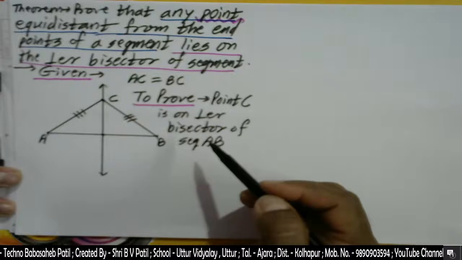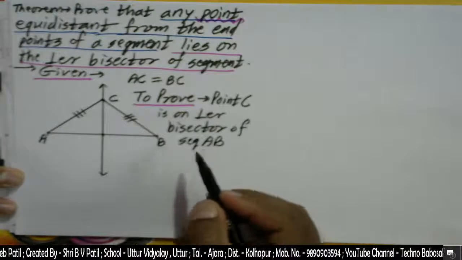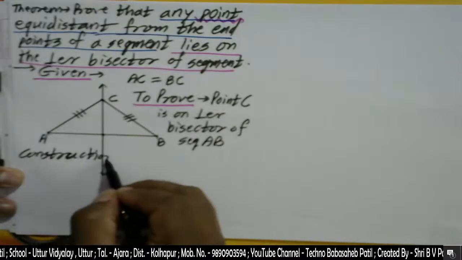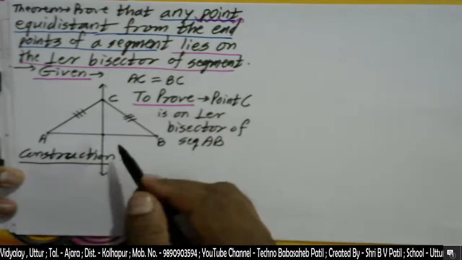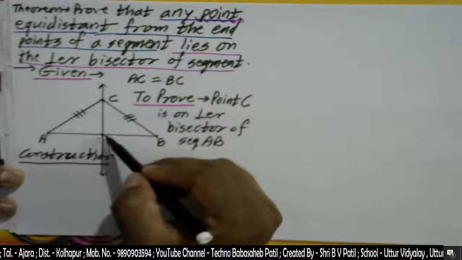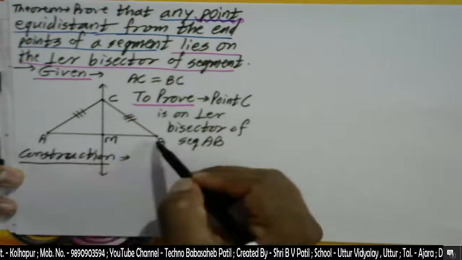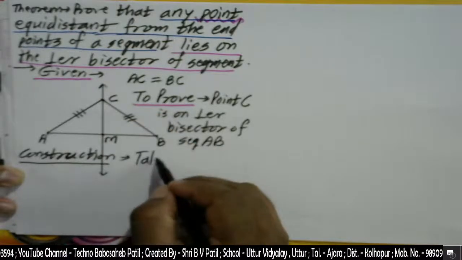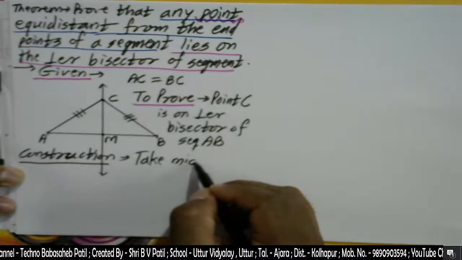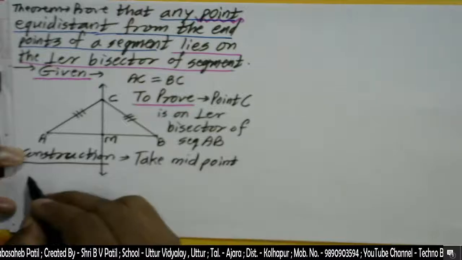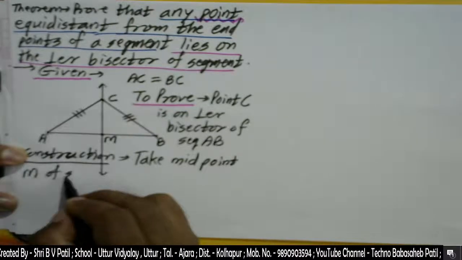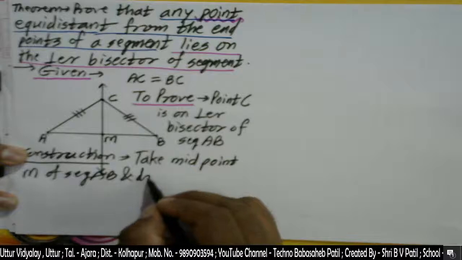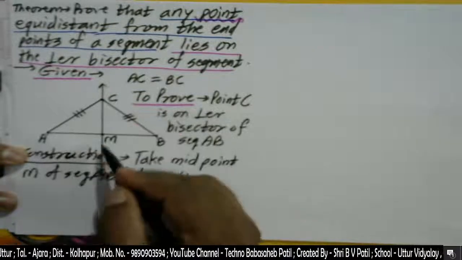Then construction is. What we have to do in the construction: take midpoint M of segment AB and line CM we can draw. Take midpoint M of segment AB and draw line CM.